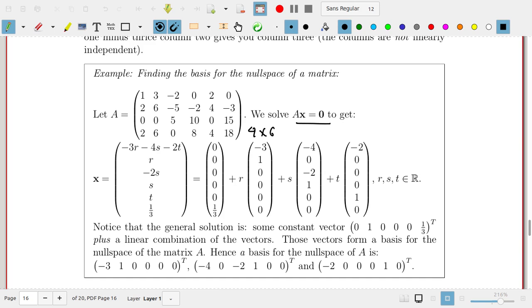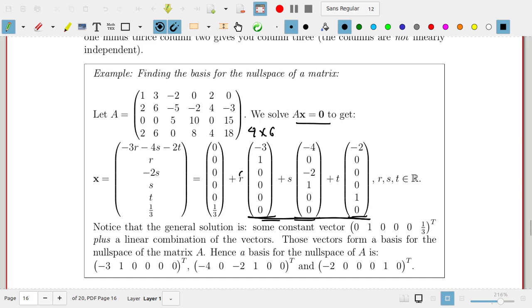And the null space is the space that is generated by this basis of vectors, right? So r times some v1 plus s times some v2 plus t times some v3 plus some constant gives you the null space.